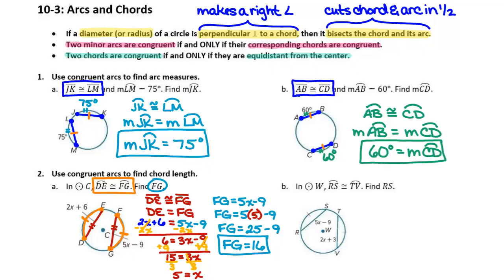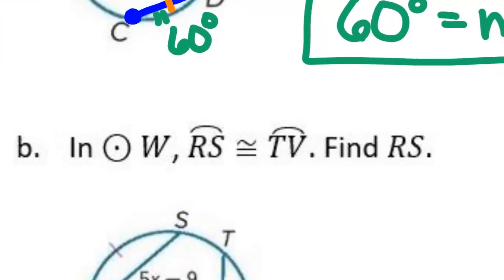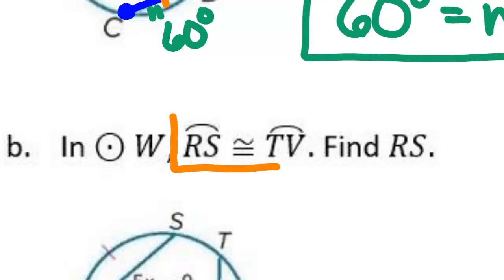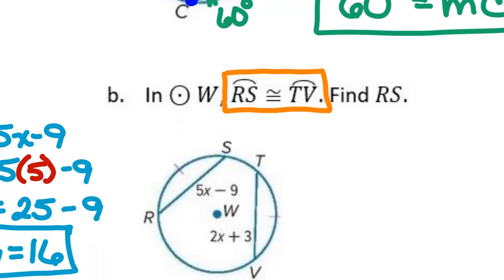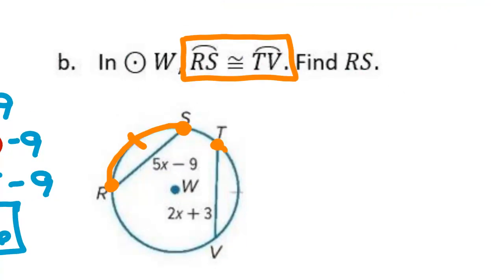Let's go look at part B. Did you have it for me, dear? Right here. What do they tell us about this picture? Arc RS is congruent to arc TV. So from here around this crust piece is congruent to from here around this piece of crust right here.